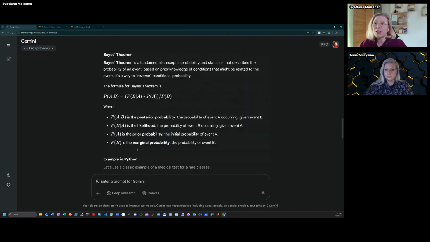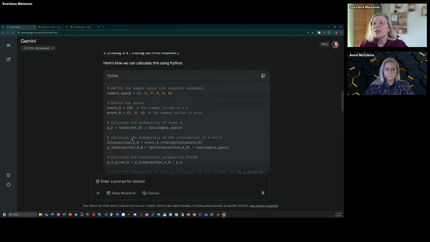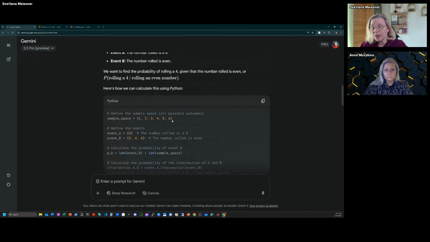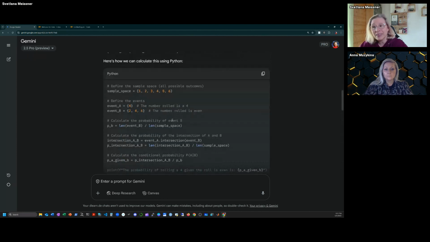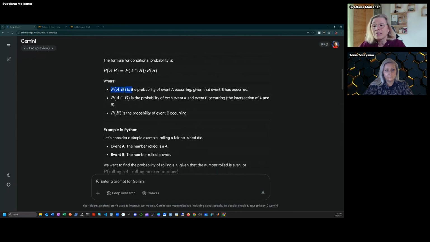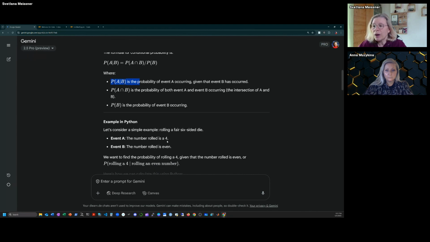The main thing we were looking at is the conditional probability, that something happens after something else happened. We write this as P(A|B), and then we also have Bayes theorem.